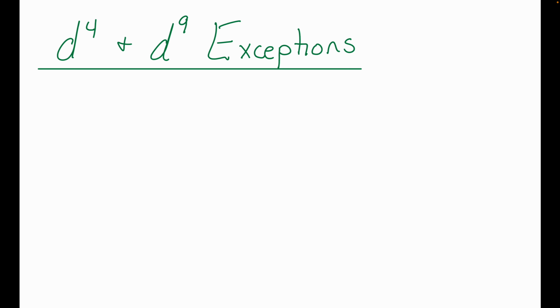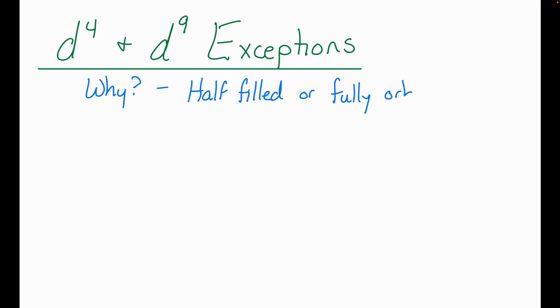So why do these exceptions exist? It turns out that there's something special about half-filled or fully filled orbitals. These half-filled or fully filled orbitals are just extra stable.